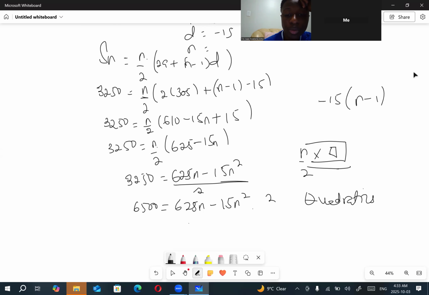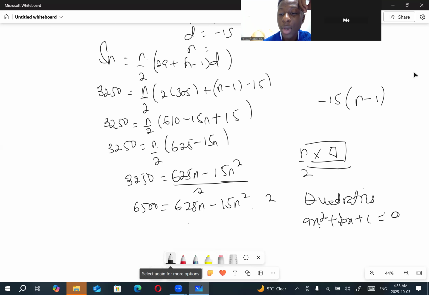Quadratics are represented in this form: ax squared plus bx plus c equals 0, where c is a constant, a number without a variable. So I have to arrange it to look like this.